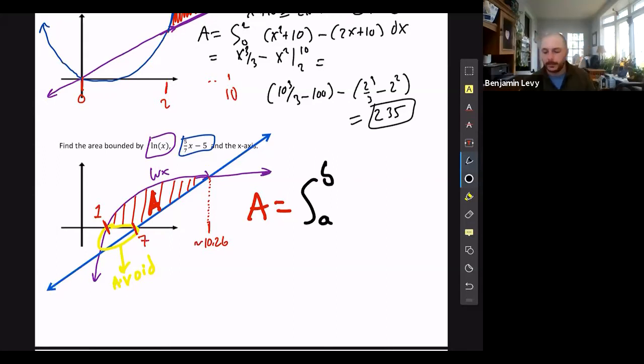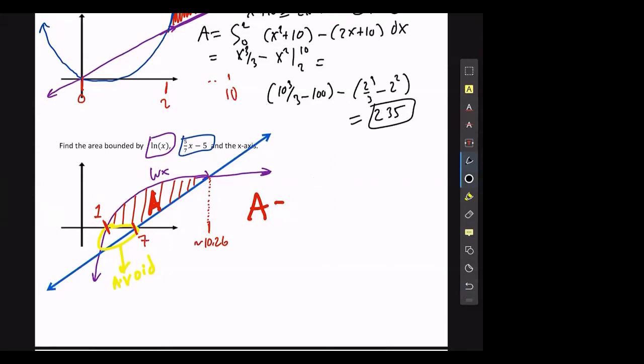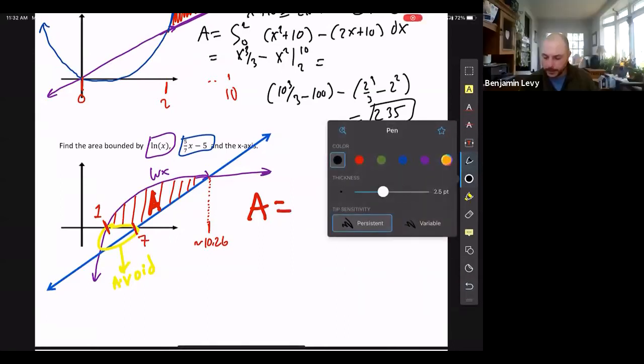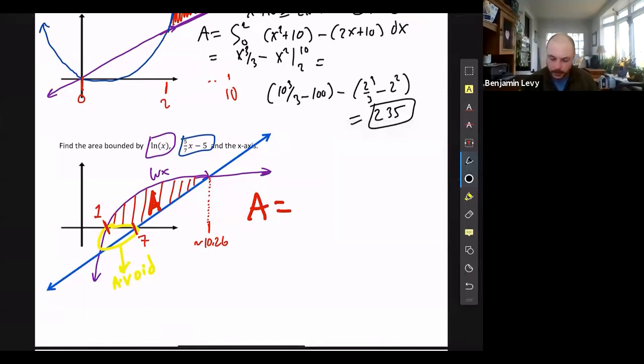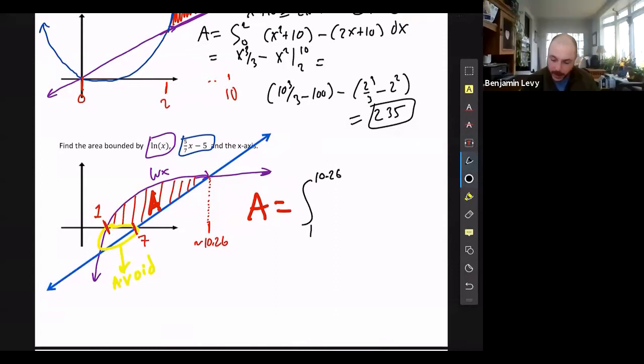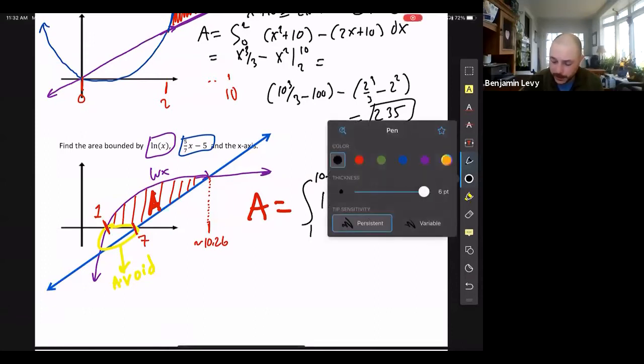Any ideas? So would it be from like 1 to 10.26? Of what function? Ln x. I like that. So we're going to do 1 to 10.26 of ln x. But if we did that, just to be clear, that would be all of this area I'll do in black.